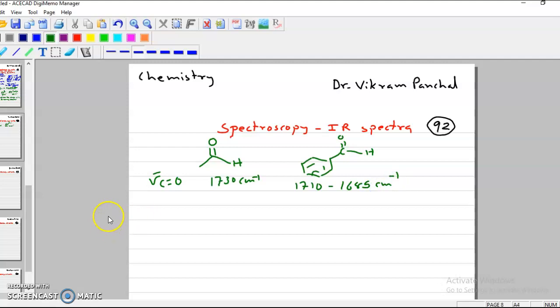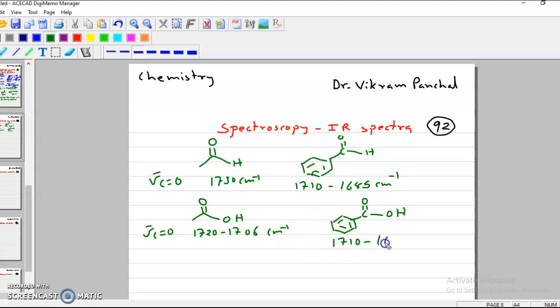So because of resonance, the C=O stretching decreases. Now we take acetic acid. Here the C=O in acetic acid appears at 1720 to 1760 cm⁻¹, while in case of benzoic acid C=O appears at 1710 to 1680 cm⁻¹.